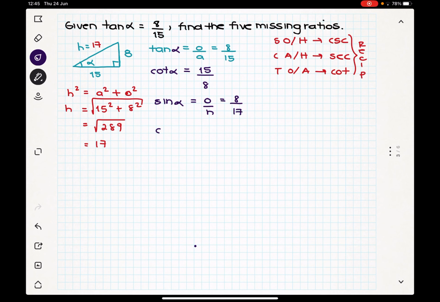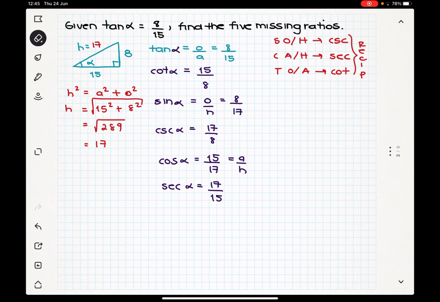The reciprocal is cosecant, so I just switch them around, 17 over 8. Then the last one is cosine, which is adjacent over hypotenuse, 15 over 17. And the reciprocal, which is secant, is 17 over 15.